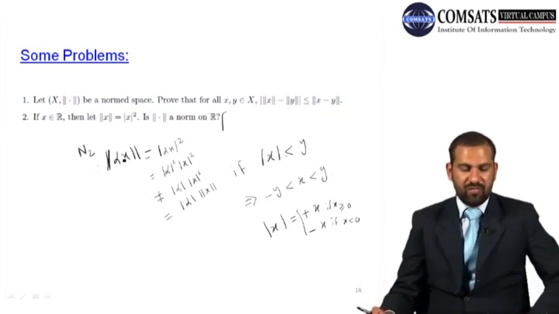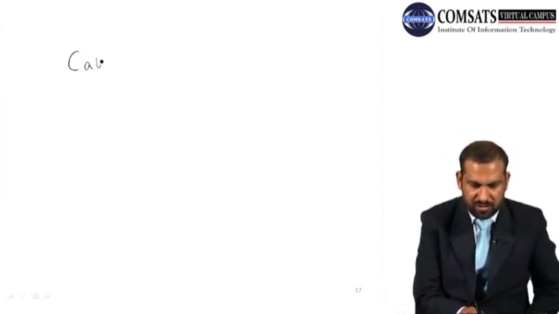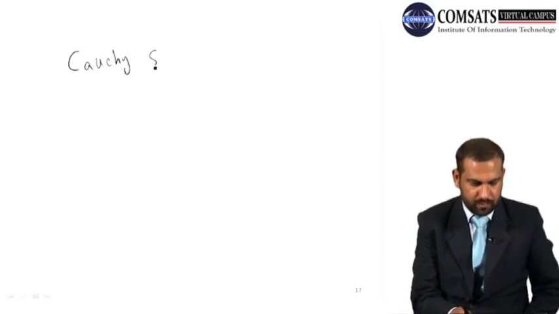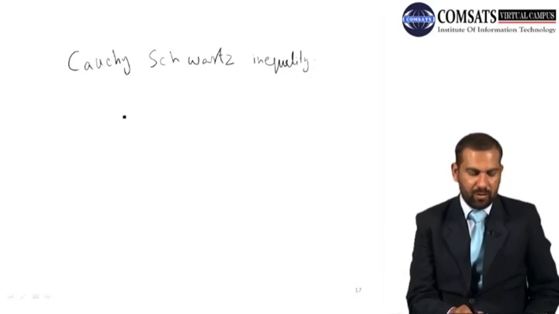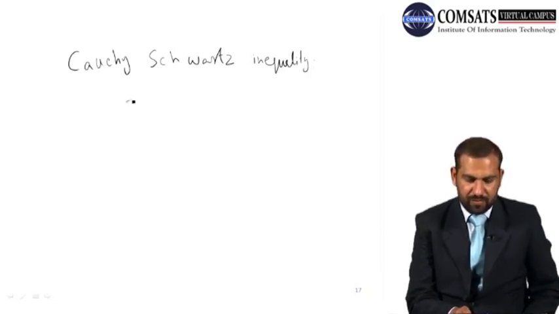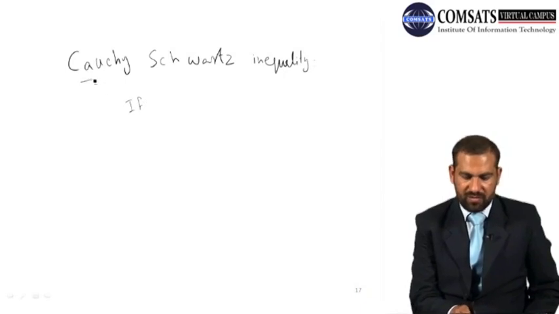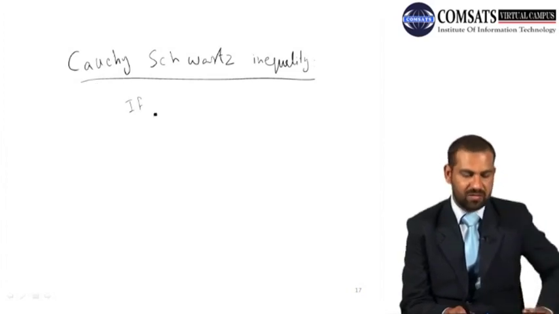So after that, it's the Cauchy-Schwarz inequality. I discussed this property with you. It is a very important inequality we mostly use for solving functional equations.